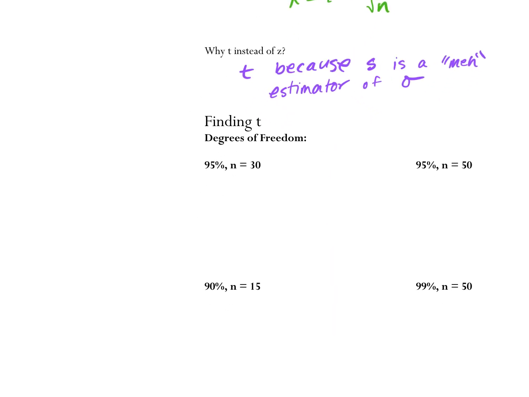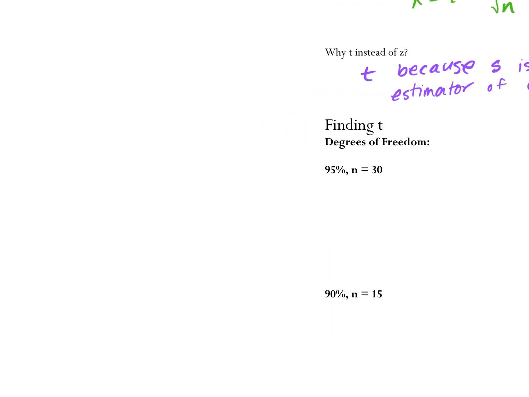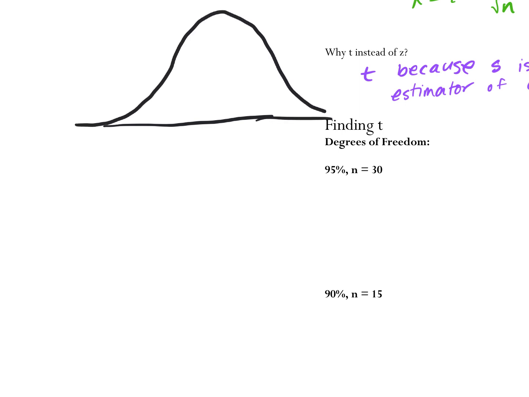So, to find Z star, we used that standard normal curve where the mean was 0 and the standard deviation was 1. And that was the distribution of Z scores.